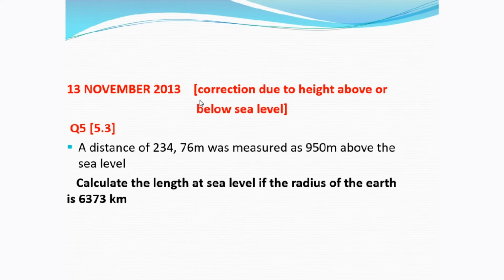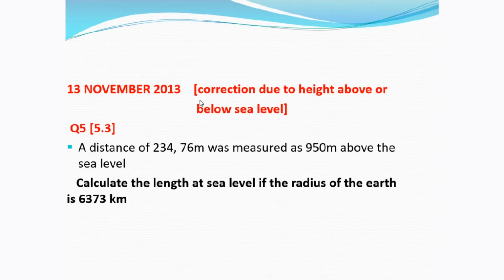Okay, let us go to 13 November 2013, question 5, question number 5.3. A distance of 234.76 meters was measured at 950 meters above the sea level. Calculate the length at sea level if the radius of the earth is 6,373 kilometers.